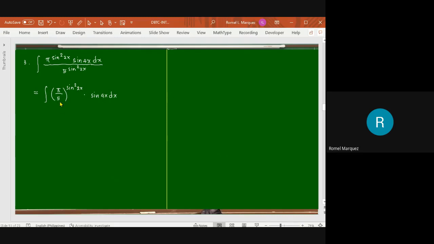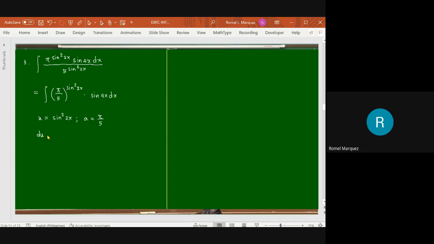So our u here is sine squared of 2x, and our a is equal to pi over 5. Remember, our a is a constant as long as it is not equal to 1 and greater than 0.